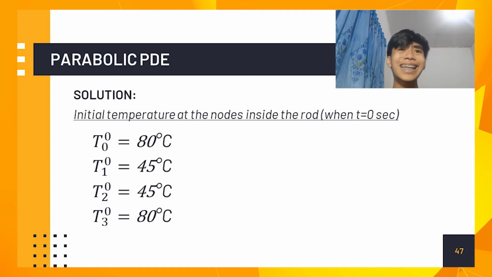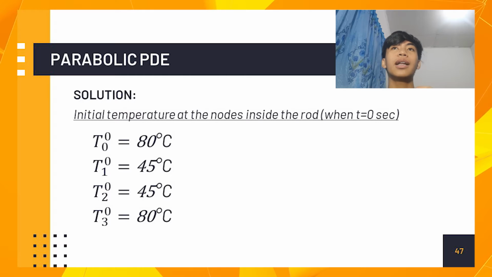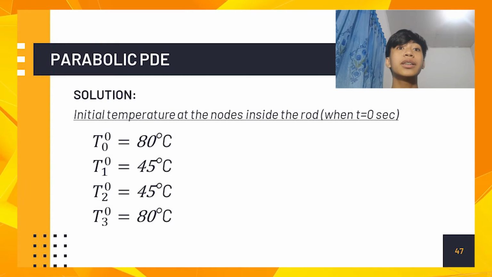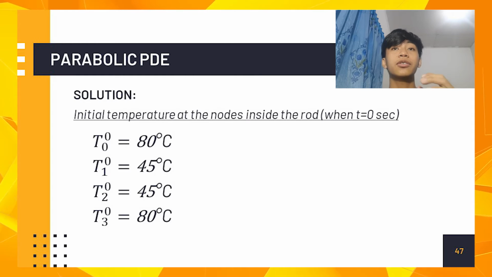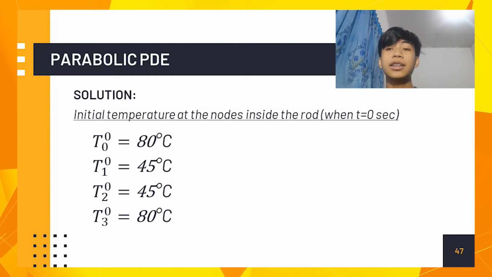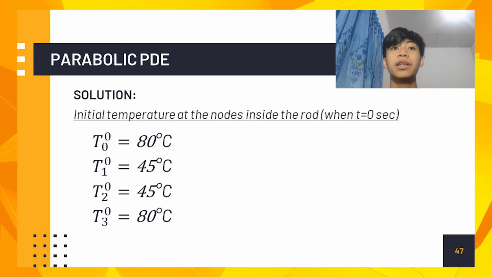Solution. The initial temperature at the nodes inside the rod when t is equal to 0 second: T raised to 0 sub 0 is equal to 80 degrees Celsius. T raised to 0 sub 1 is equal to 45 degrees Celsius. T raised to 0 sub 2 is equal to 45 degrees Celsius.